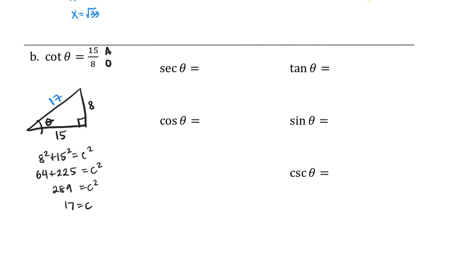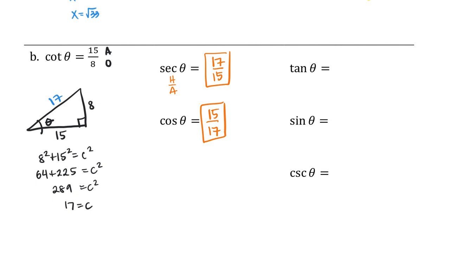Cosine is adjacent over hypotenuse, so secant is hypotenuse over adjacent. The hypotenuse is 17, adjacent is 15. Okay, cosine. Well, cosine is the reciprocal of secant, so if secant is 17 over 15, then cosine is 15 over 17. Or I could do adjacent over hypotenuse and get the same answer.